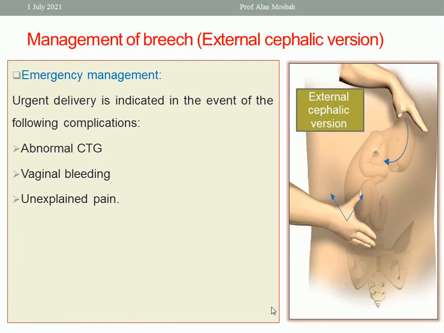Emergency management: urgent delivery by cesarean section should be done if abnormal CTG is found, or vaginal bleeding, or unexplained pain.